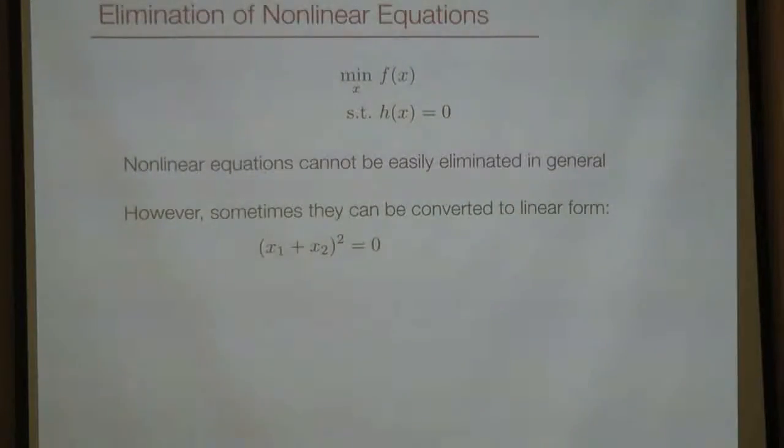First one: (x1 plus x2) the whole squared is equal to 0. This is a nonlinear equality constraint. However, it can equivalently be described by a linear constraint. Can you tell me which constraint equivalently describes this one? When is a square of something equal to 0?